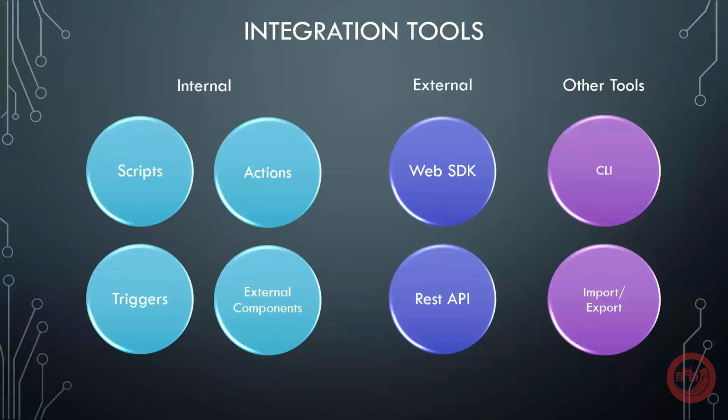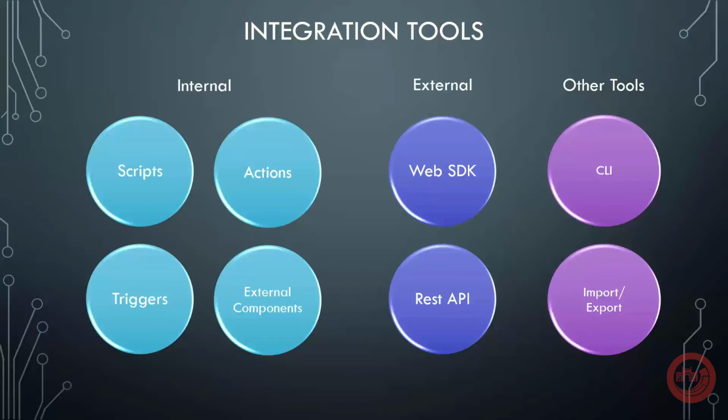Internally in the Content Hub instance, we have a user interface where we can write and build scripts, which I'm going to show in a bit. Not very intuitive, but it's very powerful when combined with other tools like triggers and actions, and even in some cases with external components.